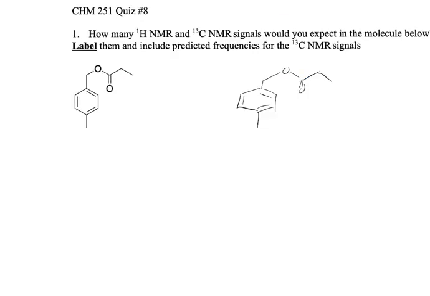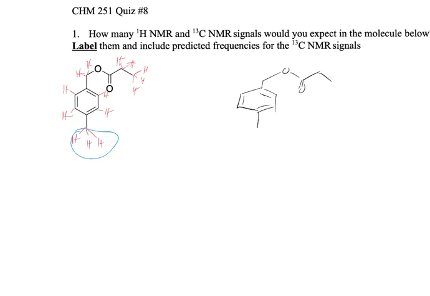Let's do number 1. How many proton and carbon signals would you expect from the molecule below? Label them and then include predicted frequencies for the C NMR ones. Okay. So here we have some H's. Got a little bit of symmetry in this molecule. Not a lot. 3 there.